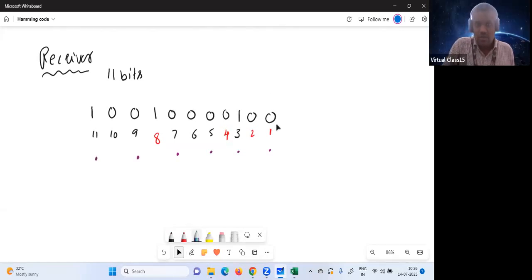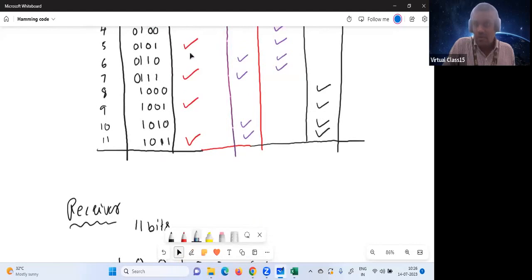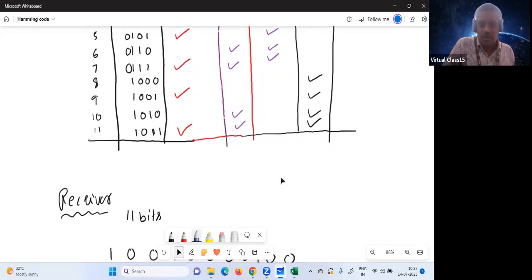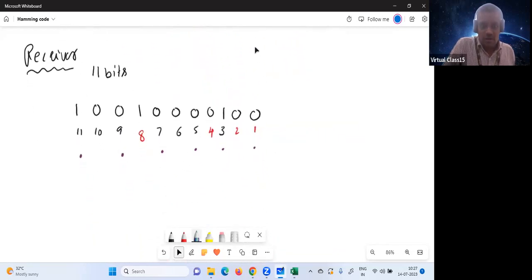Recall that rule. For the first one, tick mark positions 1, 3, alternating: 1, 3, 5, 7, 9, and so on. Same rule here, the P1 related rule: all bit positions whose LSB is 1.